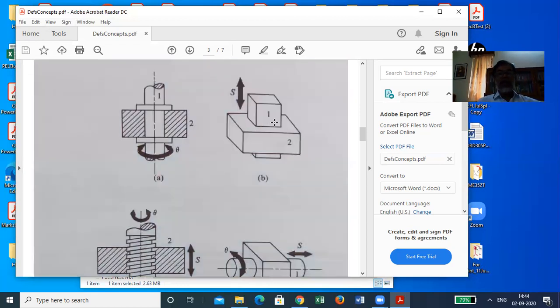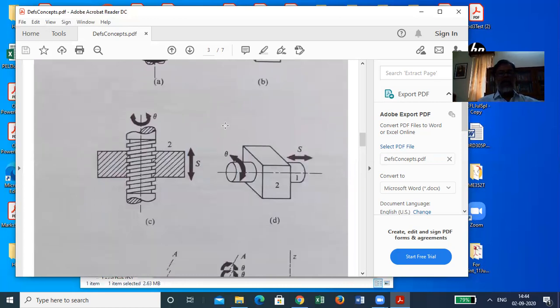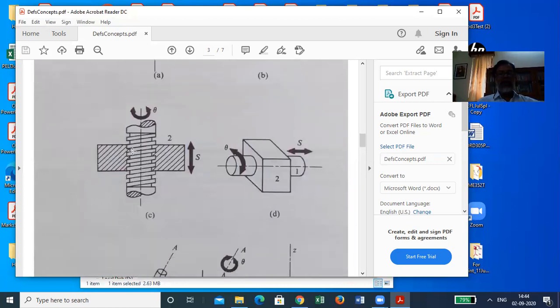Similarly, you see the prismatic joint, prismatic pair. So the only motion possible is in and out. So this is S. Then the helical pair H. Okay, screw. This is the S, and this is the theta, and the relationship is governed by the lead. This distance. Okay.